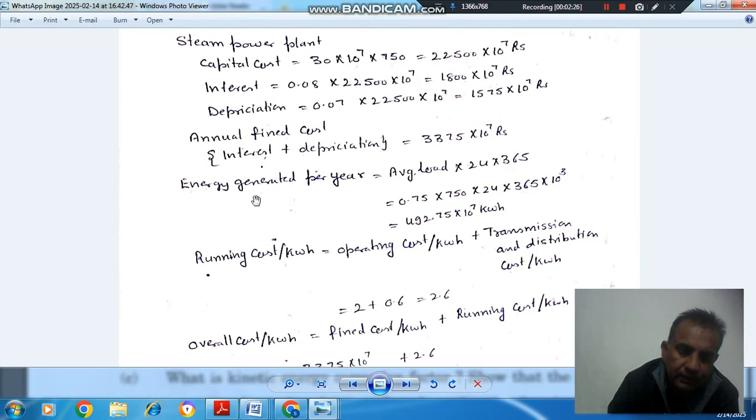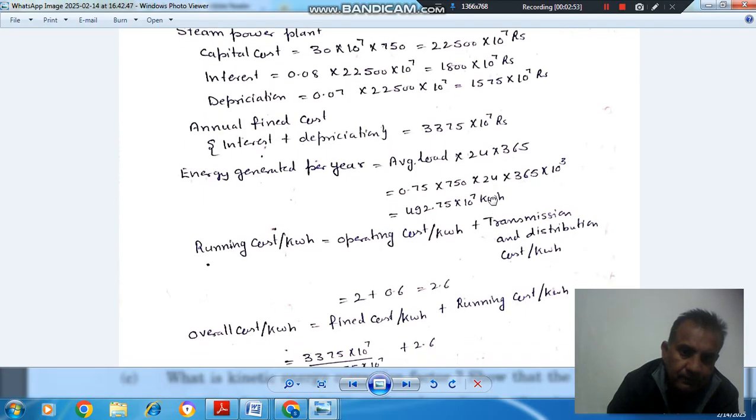Energy generated per year is average load into number of hours, 24 into 365. The peak load is 750 and the load factor is 0.75, so average load is 0.75 into 750. So it comes to 492.75 into 10^7 kilowatt hour.